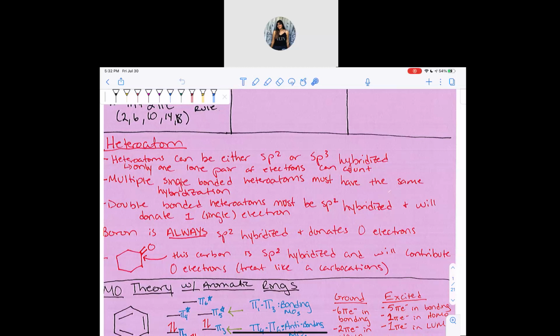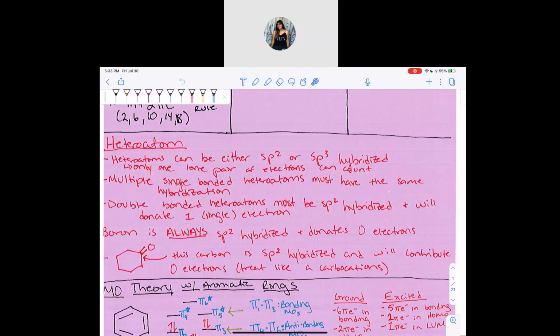Whenever something is sp2, it's going to donate 2 single electrons, aka 1 pair of electrons. That's the max. So oxygen cannot donate 2 pairs, it can only donate 1.